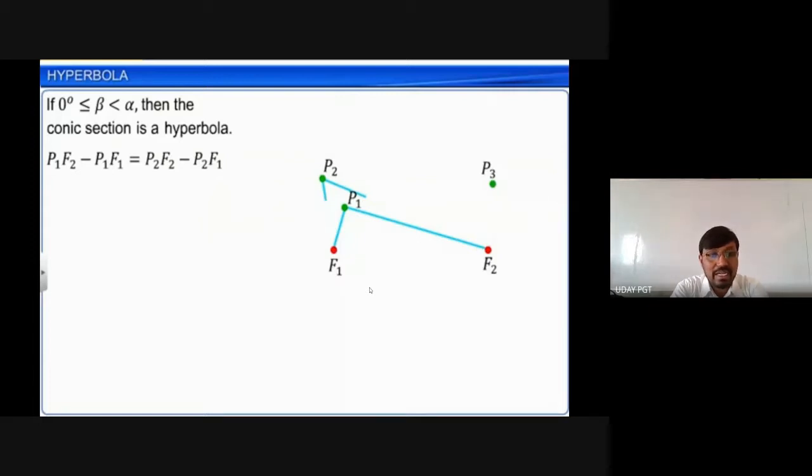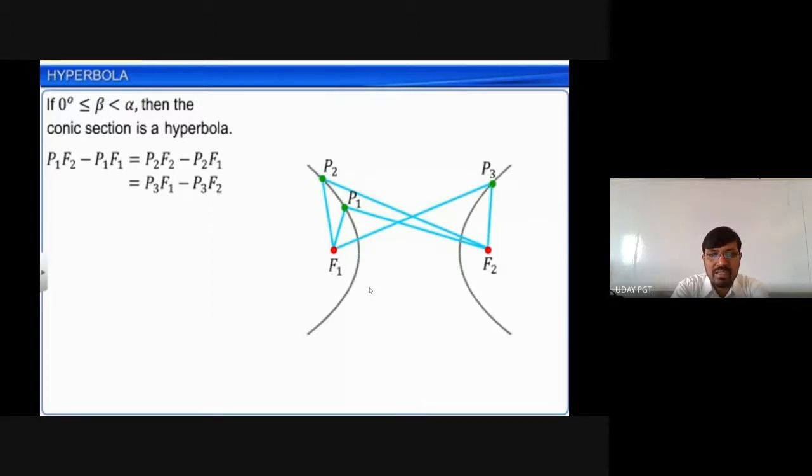In the same way, here differences should be taken into consideration. The set of all points whose difference of distances from the two fixed points is called a hyperbola.